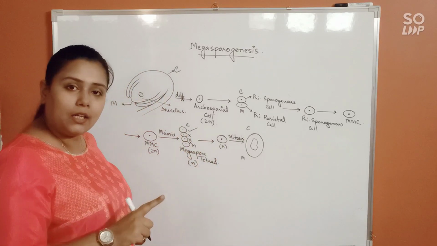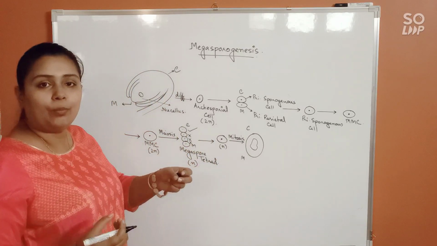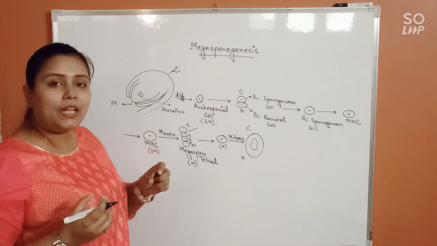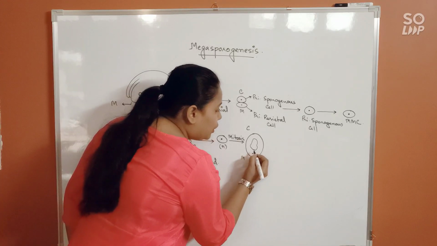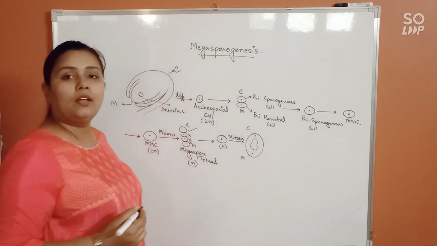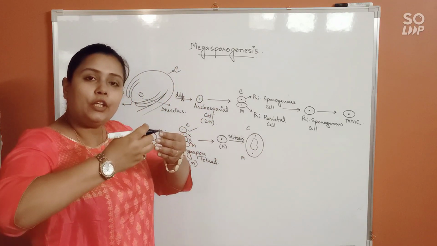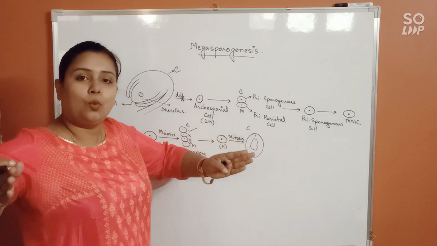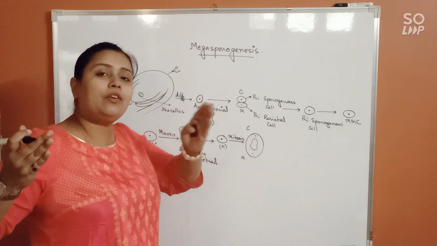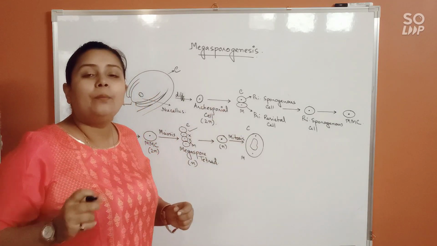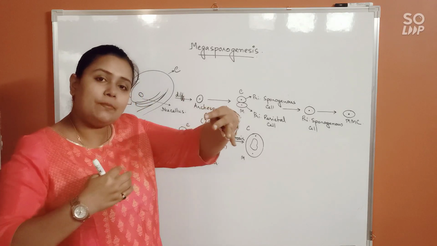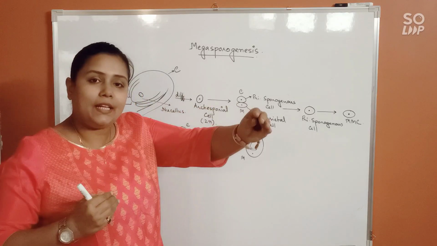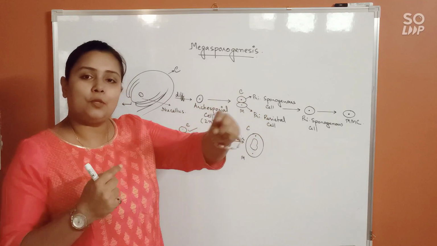One mitosis will occur while the vacuole is formed, and while the mitosis is happening, 2 nuclei will be formed, isn't it? As soon as they are formed, they are going to be pulled towards opposite poles. One will go towards the chalazal end, one will remain towards the micropylar end. Why? Because in between them the vacuole is being formed, and that's why the cell is expanding and separating the 2 nuclei towards opposite poles.